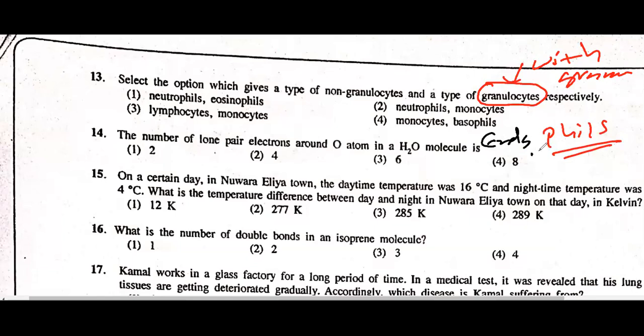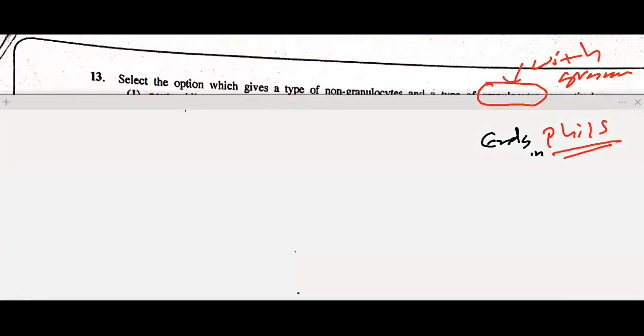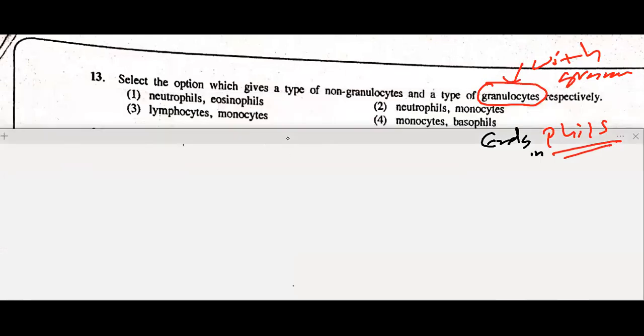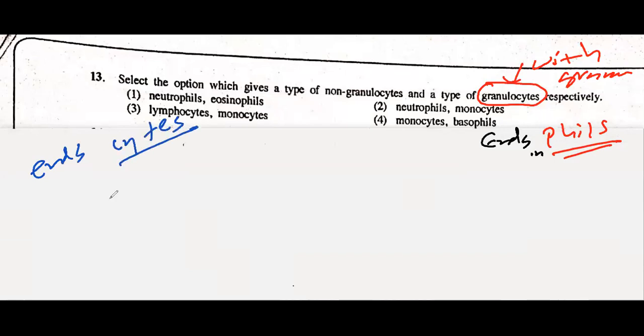If the name ends in cytes, C-Y-T-E-S, then it's agranulocytes, or non-granulocytes. That means without granules. Here, if the name ends in phils, granulocytes. That is how you can easily remember this.